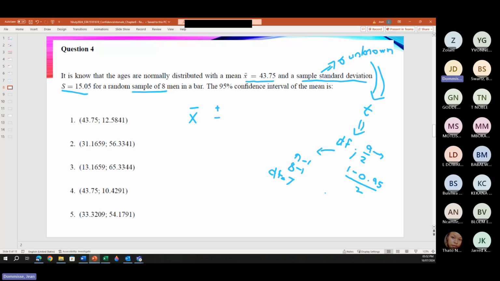So 1 minus 0.95 is 0.05. So the alpha is 0.05 divided by 2, which is equal to 0.025.